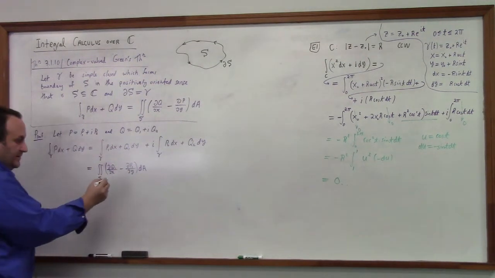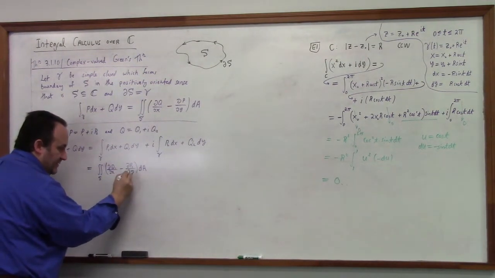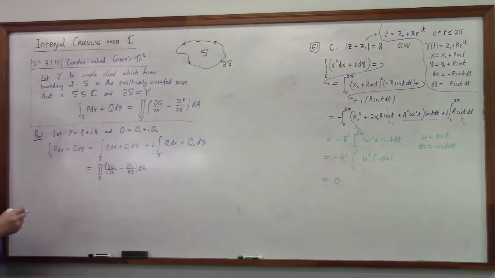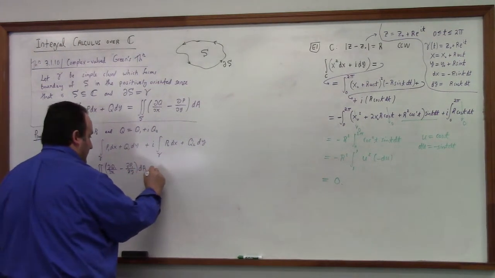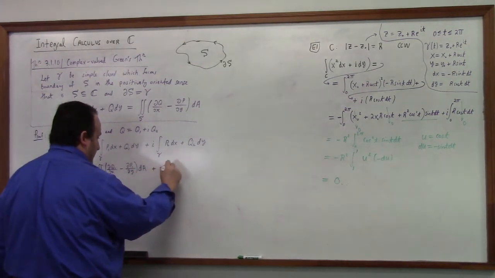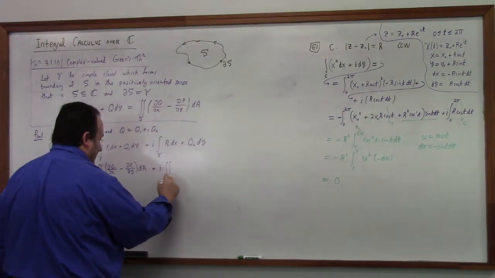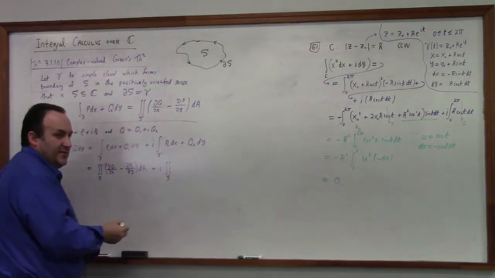Green's theorem says that you can trade the line integral for a corresponding area integral, where you do the x derivative of the y component minus the y derivative of the x component integrated over the area. That's just ordinary Calc 3 Green's theorem, okay? And do the ordinary Calc 3 Green's theorem on the other piece.